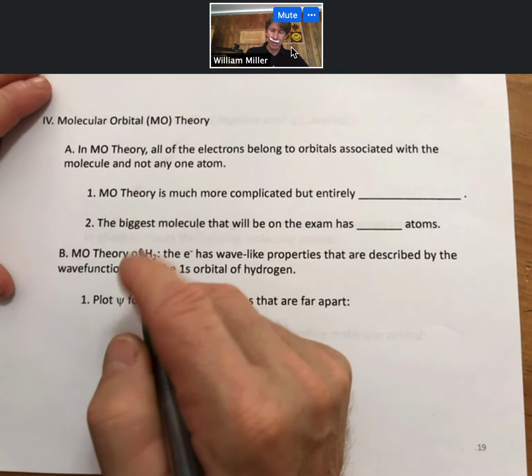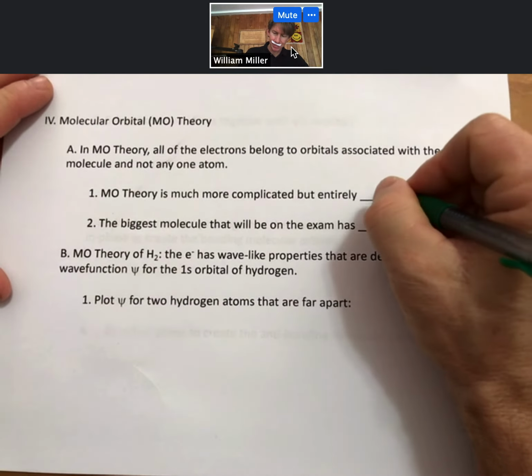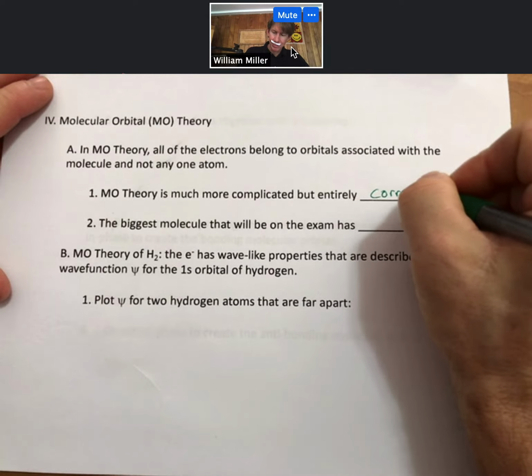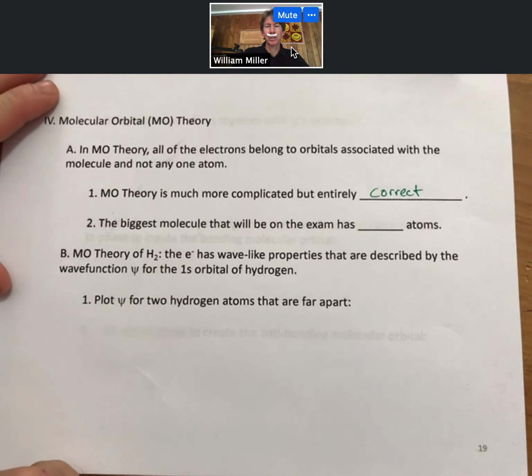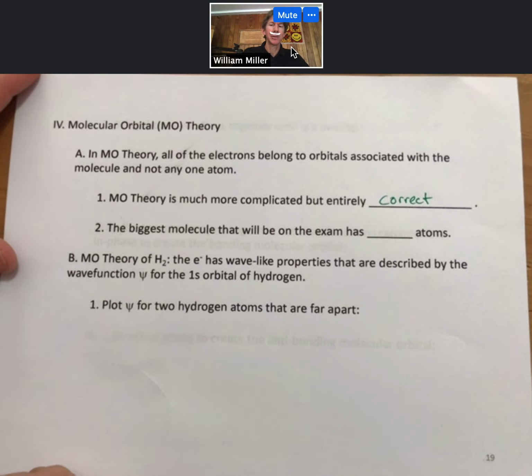MO theory is much more complicated, but entirely correct. It is based on quantum mechanics and quantum mechanical versions of the electron and atoms, and so it is correct.